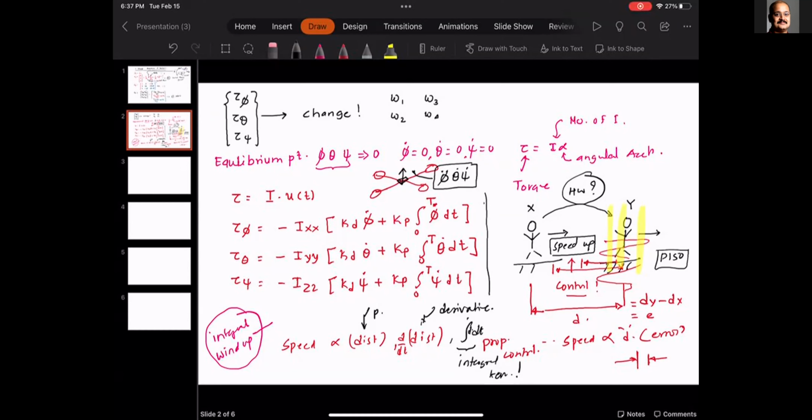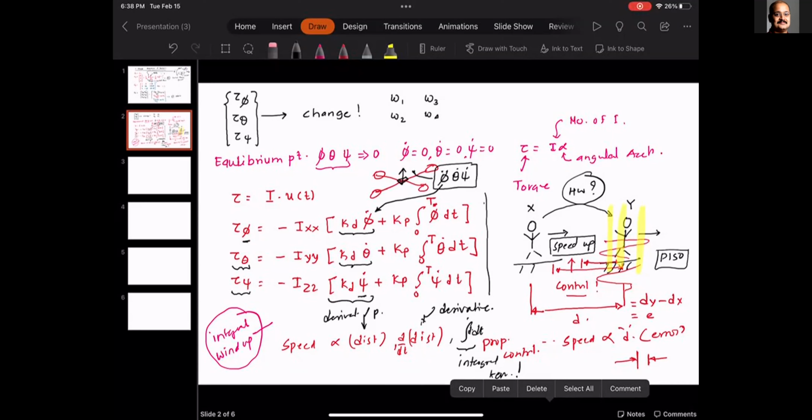So that's why my derivative term is directly controlled by the angular velocities, theta dot, phi dot, and psi dot. So torque in the roll direction is Kd multiplied by roll rate. Torque in the theta direction is Kd multiplied by the pitch rate, and torque in the psi direction, which is about the yaw, is Kd multiplied by the yaw rate. So this is the derivative term in the control.